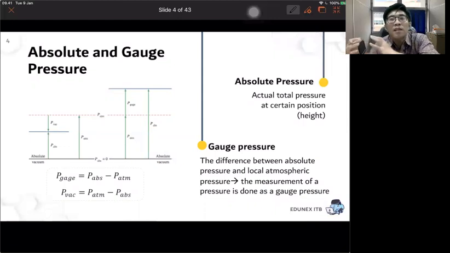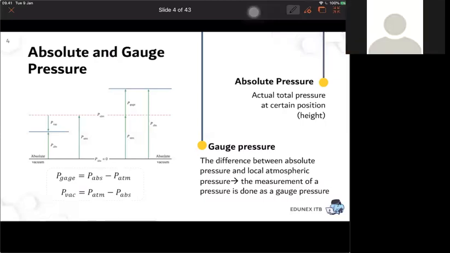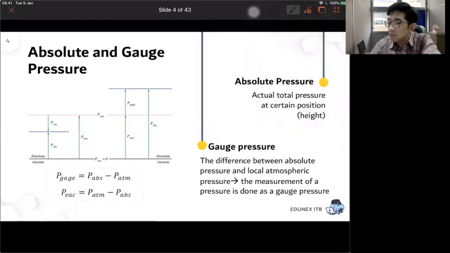There are some devices that can be used to calculate the absolute pressure, but most devices can only calculate the differences. Jadi bukan kenapa kita harus menghitung selisihnya, tapi memang keterbatasan alat itu hanya bisa mengukur bedanya saja. Walaupun ada alat yang memang bisa mengukur tekanan total. Oke? Oke. Okay, now I give you one example.